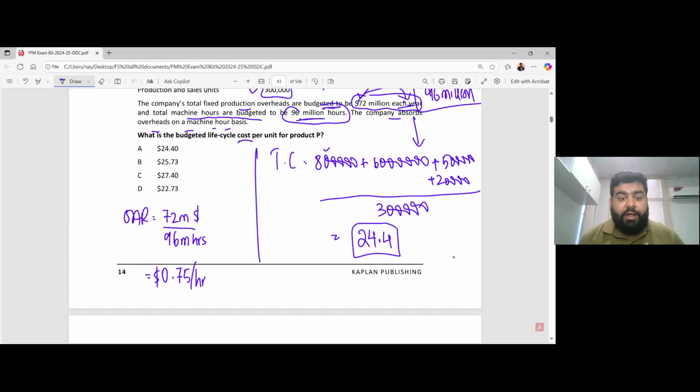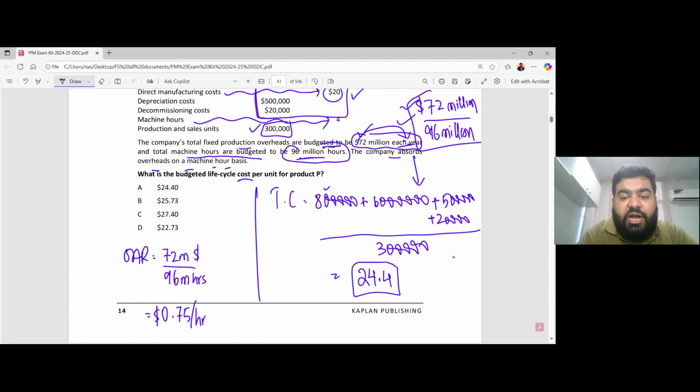Now, if we are given how many hours one unit takes, that is written here: the machine hours that one unit takes is 4 hours, because it's hours given, not dollars.